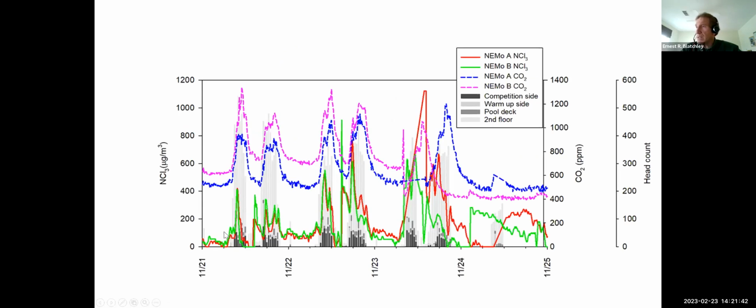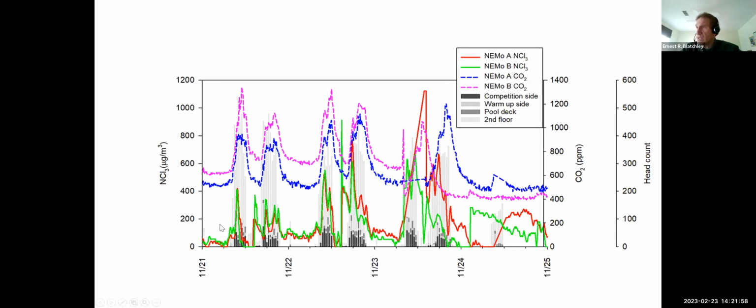So here's a different experiment. This experiment was conducted in the same pool facility, but now with adult swimmers. These were actually elite swimmers, and there were up to 200 of these swimmers that were present in the pool at any point in time.